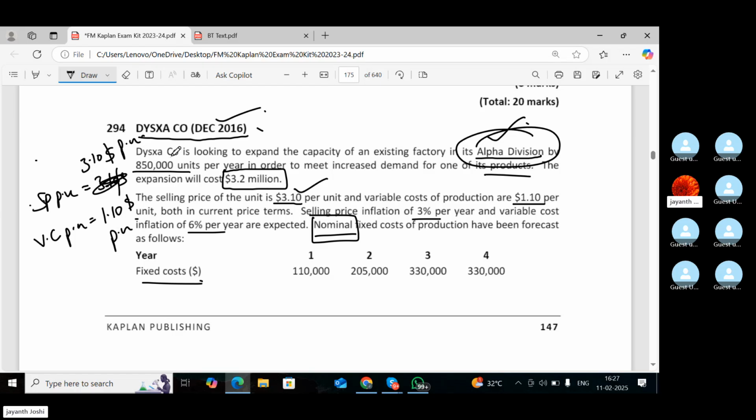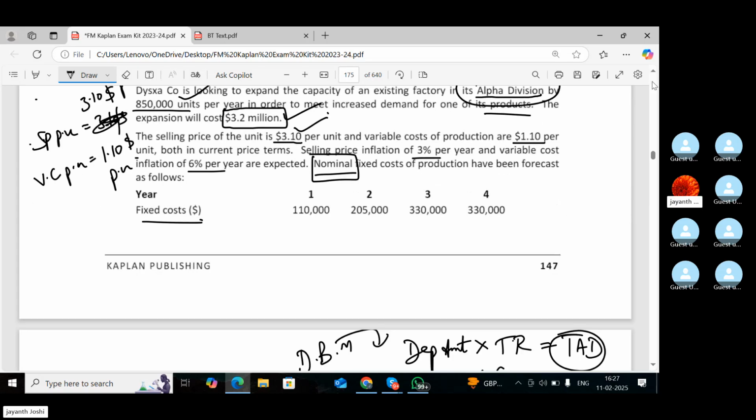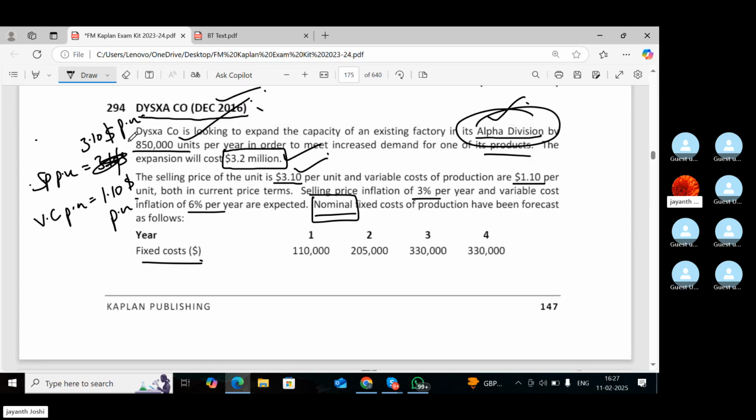They want to increase the capacity by 8,50,000 units per year. Okay, because they have increased demands these days, and that expansion is going to cost them 3.2 million. Then of course when they are going to produce 8,50,000 units, they are going to sell it and they're going to incur some expenses for that.